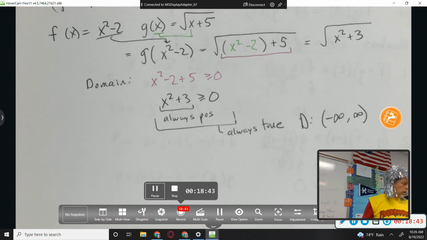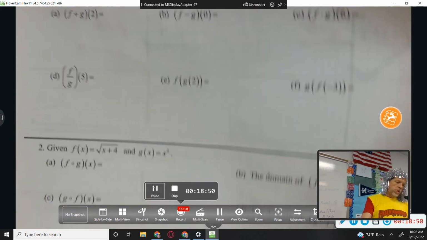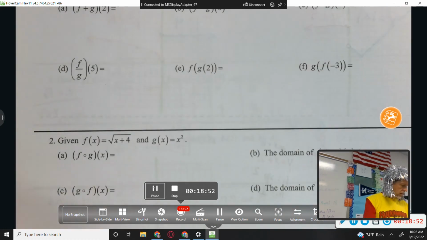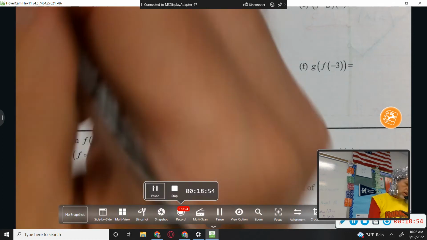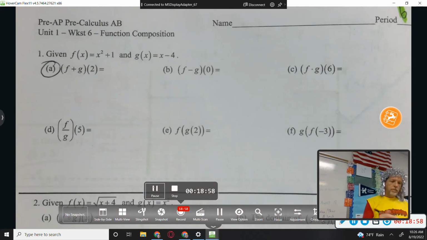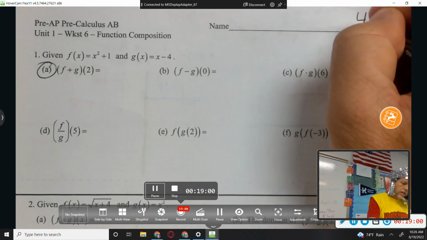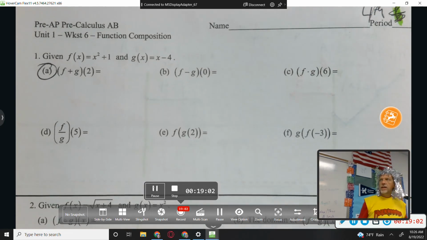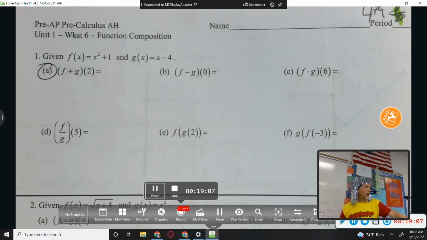Right, let's look at worksheet 6 and do a couple of those together to make sure we're okay. So grab worksheet 6, and look at 6a, f plus g of 2.